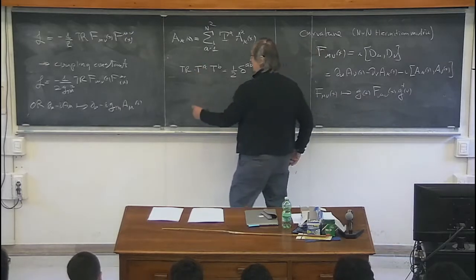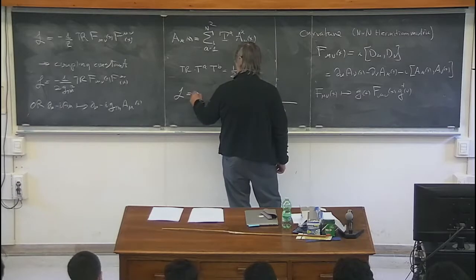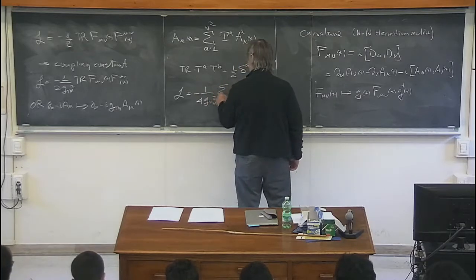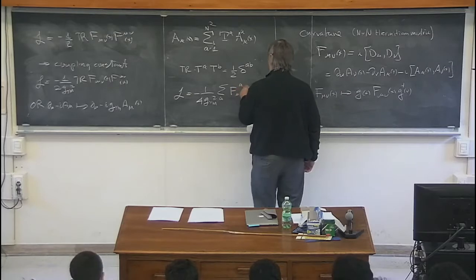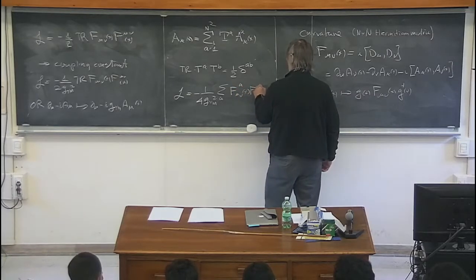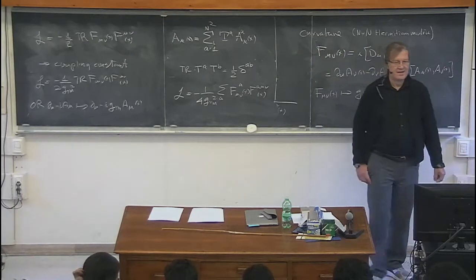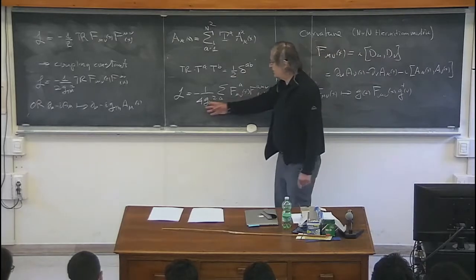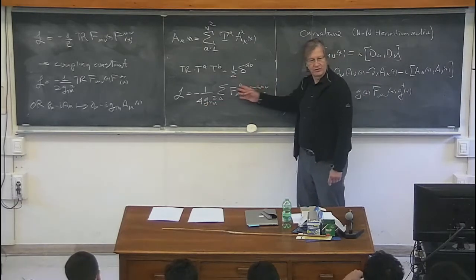And then if you look at the Lagrangian, with this normalization, it has minus a quarter, like so. Okay, so it has a convention where this is minus a quarter, like in Maxwell electrodynamics for these components.